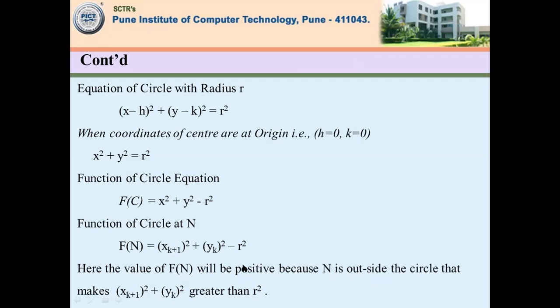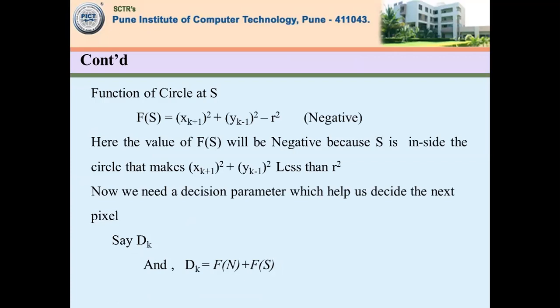Say consider 10 is the radius for that n, and say 8 is the radius for the r square. R is 8, consider. So 10 square minus 8 square, so definitely it goes to a positive value only. Like that, we will have a function for s as well, but now it is negative.